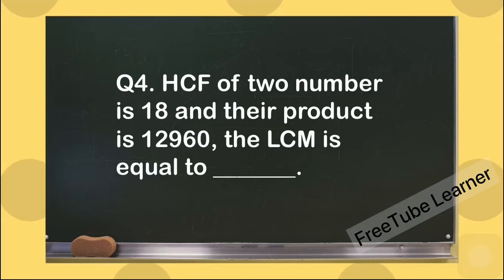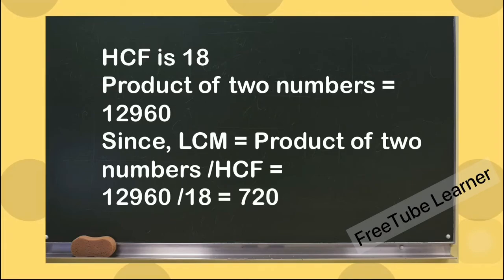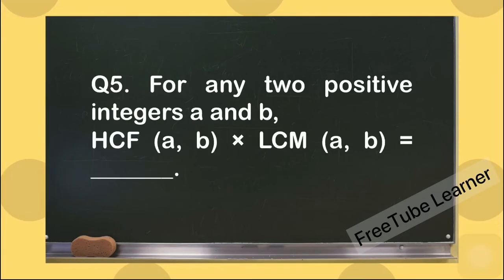That is, HCF of a and b into LCM of a and b equals a into b, where a and b are two positive integers. Therefore, the LCM will be equal to the product of the numbers divided by the HCF. That is, LCM is equal to 12,960 divided by 18, which is equal to 720.